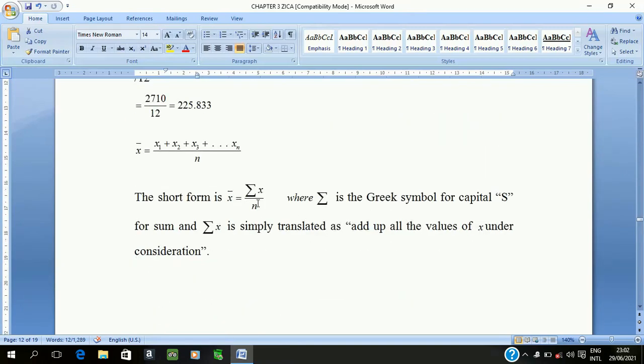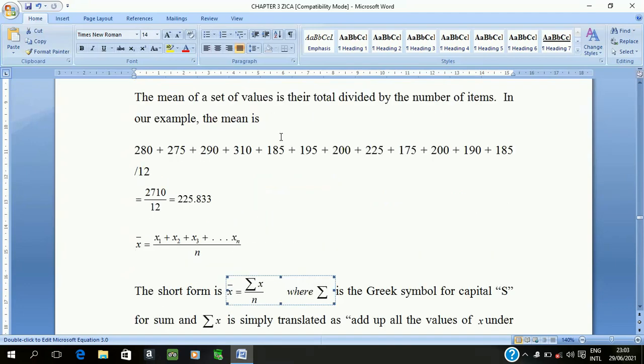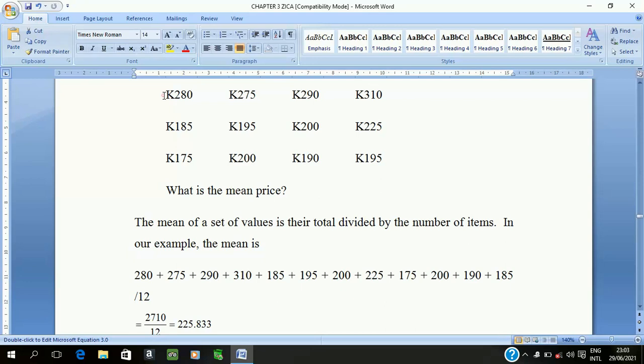The formula for calculating the mean of a simple set of values is: mean equals the summation of x divided by n. This is the formula that we use to calculate the mean of a simple set of values. Look at this, this is a simple set of values. Data is not put in a frequency distribution.